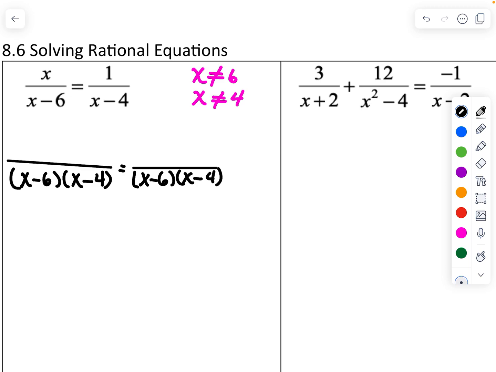Then you ask yourself, what is the first denominator missing? The first denominator is missing x minus 4, so we're going to have to multiply this fraction by x minus 4. Then you ask the same question: what is the next one missing? The next one is missing x minus 6, so you have to multiply this by x minus 6.